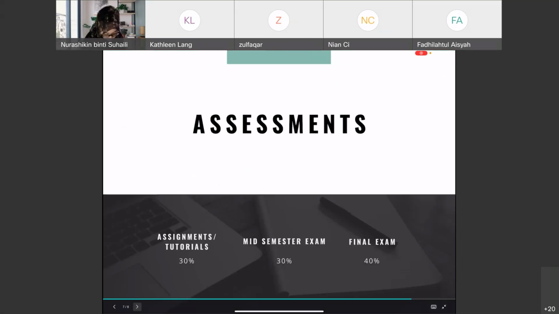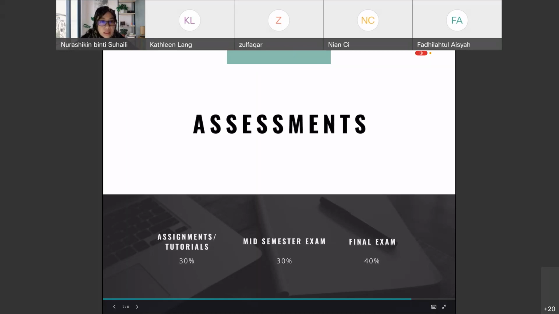Right, assessments. What kind of assessments are involved in this course? It's divided into three. Assignments and tutorials carry 30% of the final grade, the mid-semester exam carries 30%, and the final exam carries 40%. So it's very important for you to take note of the assignments and tutorials, because they carry quite a lot of marks.